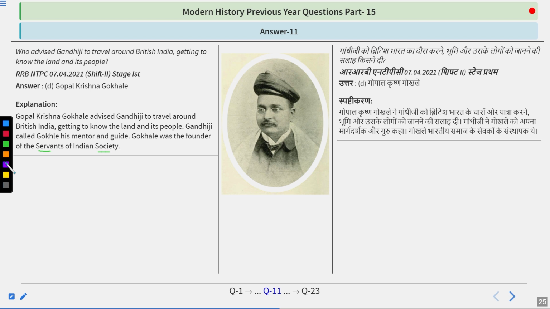After getting to know British India, Gandhiji established the Sabarmati Ashram in Ahmedabad, and from there he took active politics into his hand. Later on, he also moved to Sevagram Ashram in Wardha. So the answer is Gopal Krishna Gokhale.